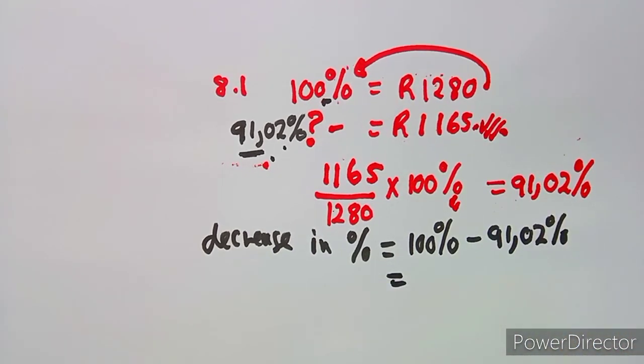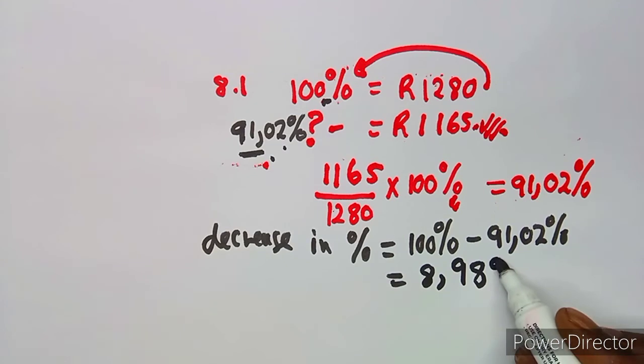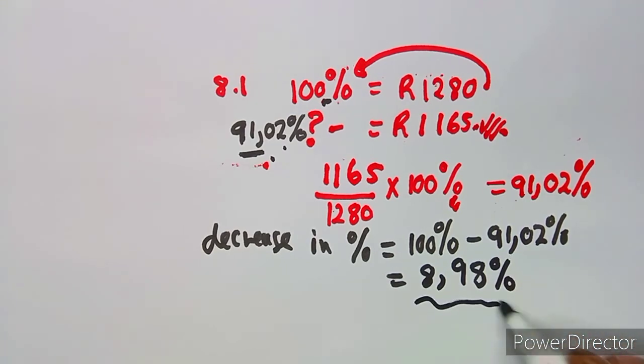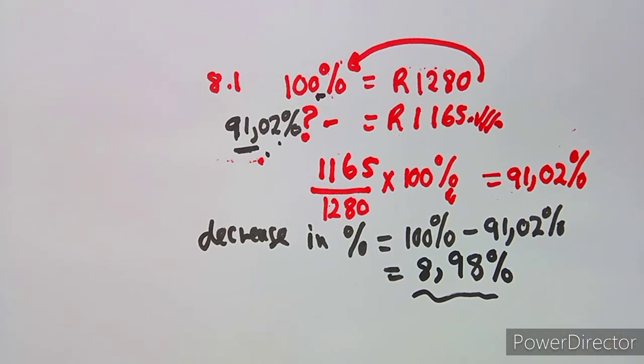You can actually find your decrease by doing that. Which is going to give us something like, guys, 8,98%. So it decreased by 8.98%, roughly 9%.